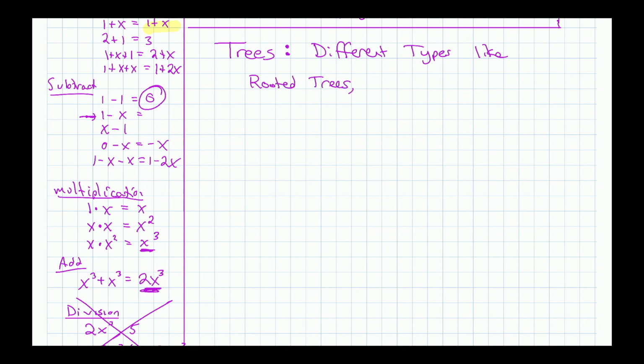Those are going to have one definition. We're going to have extended binary trees, full binary trees, and I think that's it in this section. So each type has its own recursive definition.